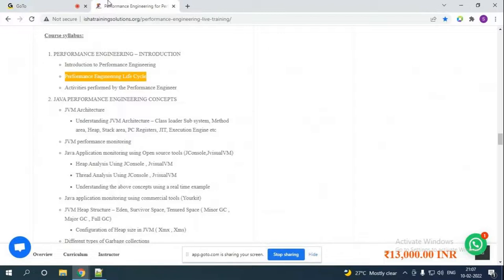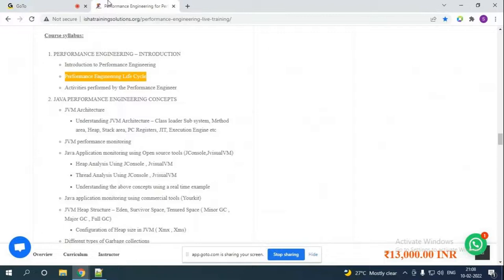What else? That is what we are going to discuss in the activities performed by performance engineers. In the first section we are going to clearly define what performance engineering is and what you are supposed to do as a performance engineer. That understanding we are going to get.